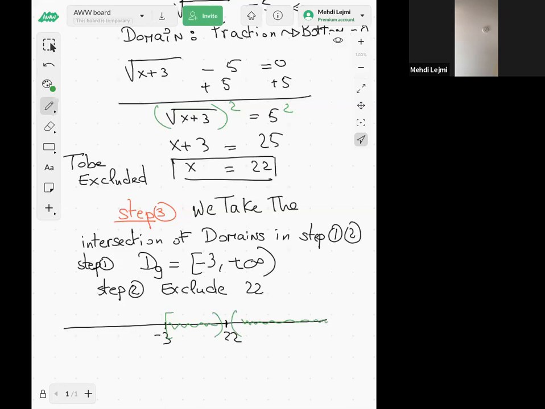So it goes all the way to positive infinity. So the answer here would be: the domain of F composed with G will be -3 included, 22 excluded, union 22 to positive infinity. All right.